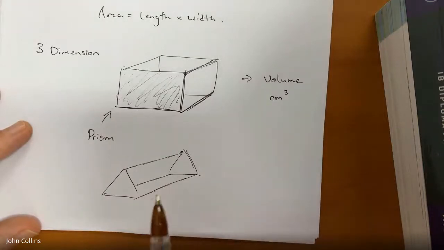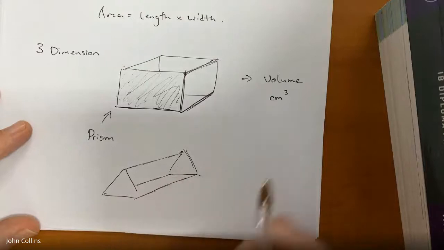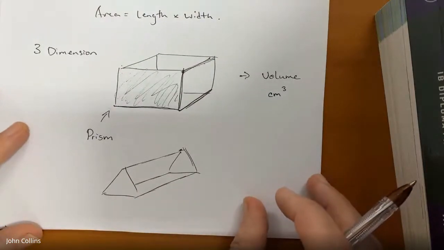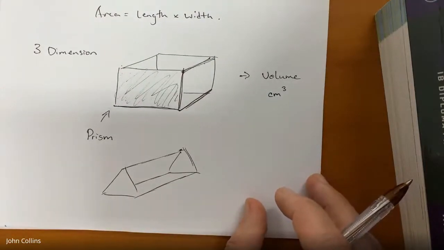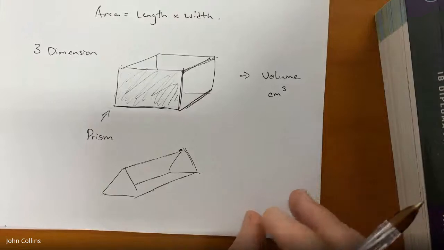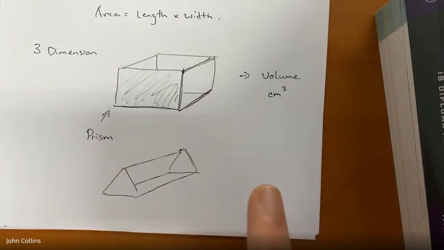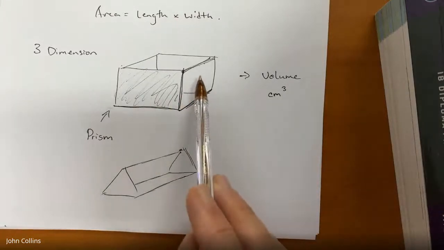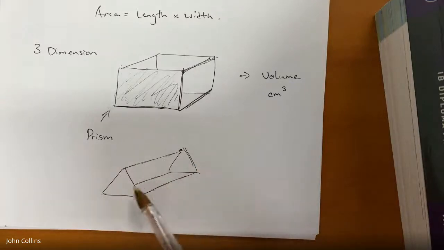And you can test for that. If you draw the same shape twice and join the corners, you can make a prism. So a pyramid, for example, would not be a prism because the slices would be different. But a lot of things like cylinders are often prisms. Boxes are definitely prisms. A shape like this, which would be the wrapper maybe out of a Toblerone.